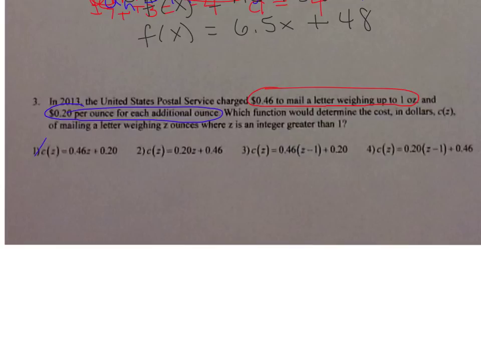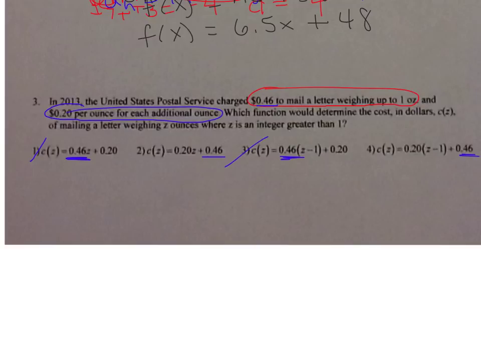So we can cross off 1 and we can cross off 2. The reason we can cross them off is because this is 46 cents times the ounce. It's not 46 cents an ounce. It's 46 cents up to 1 ounce, which means no matter what, it's going to cost 46 cents. And the same thing with this. So here are the ones that have 46 cents no matter what.